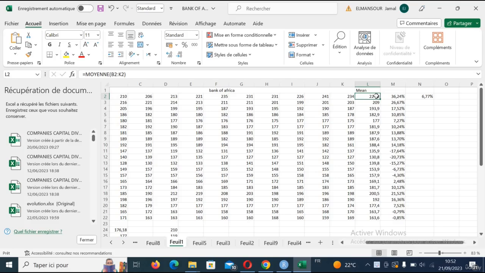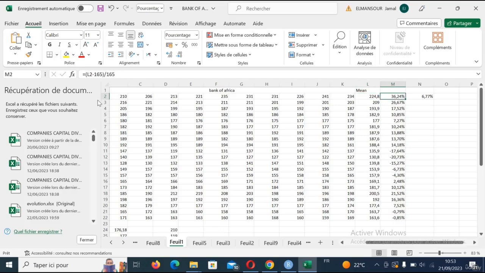Okay, to calculate the evolution we have a formula for that. It's V1, which is the value here, minus V0, which is the value of reference, divided by V0, the value of reference, multiplied by 100. It gives you an evolution.